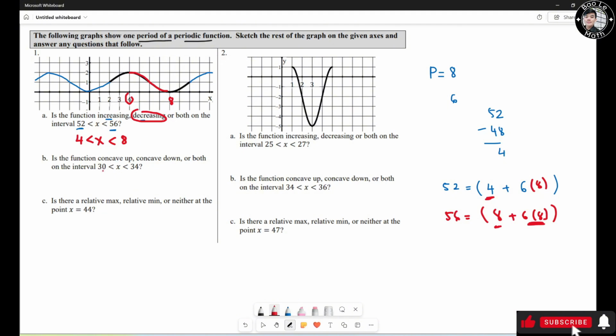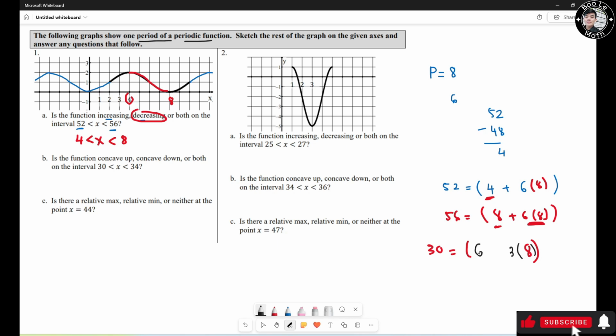Now, the interval from 30 to 34. Again, we need to write with the period, 8. So, how many times does 8 go into 30, and what is the remainder? It should be 3. 3 times 8 equals 24.